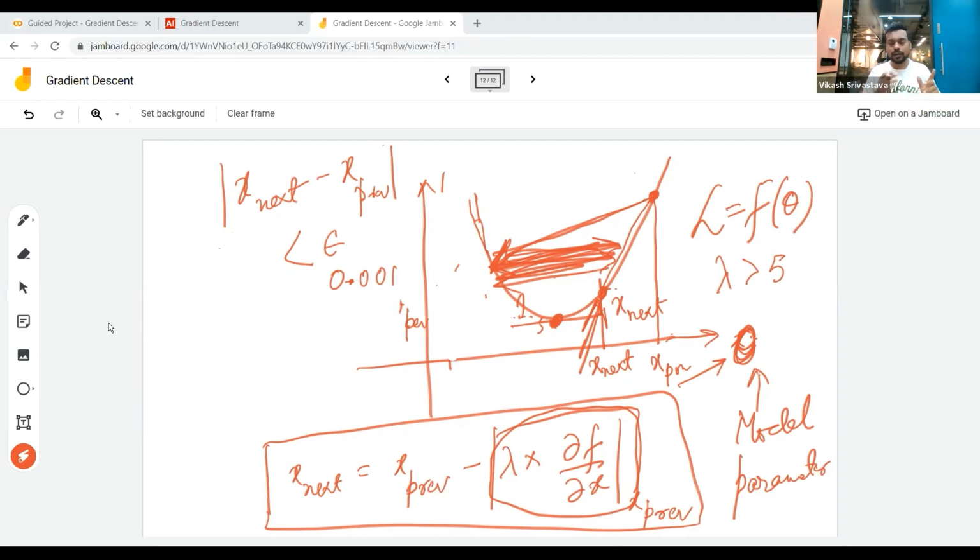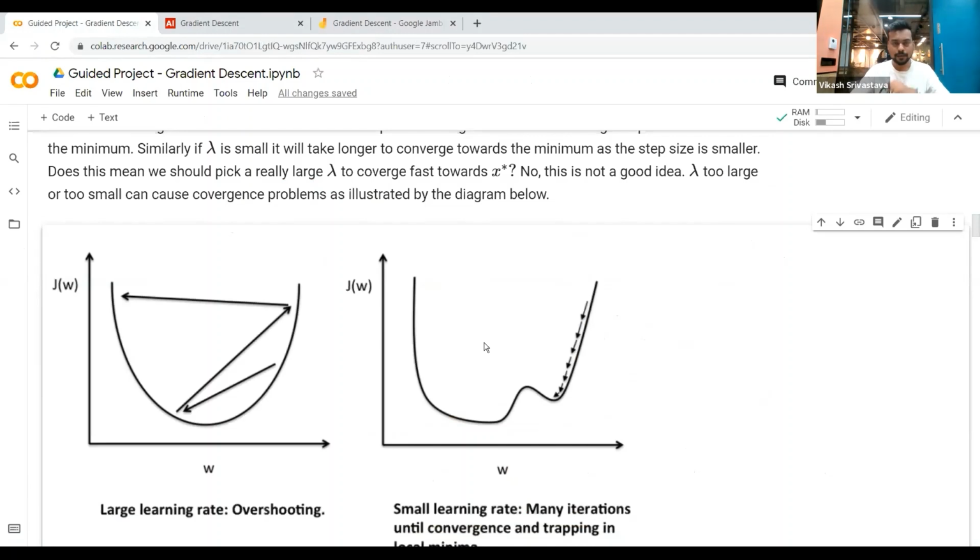But in cases where our learning rate is quite high, the update will be quite large, and we will overshoot the minima we wanted to arrive at and will not be able to converge. So there are some things you need to be cautious of.